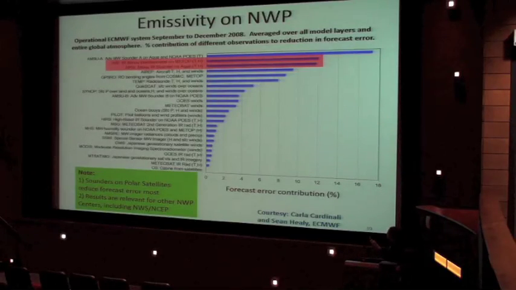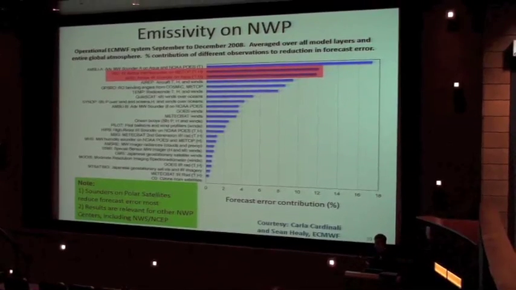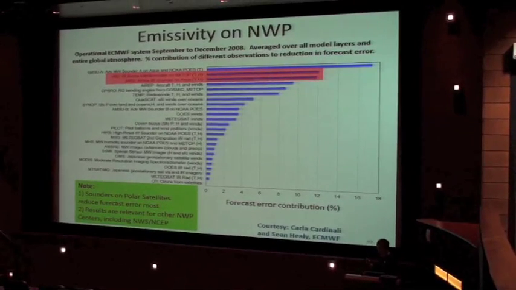So this is a slide I'm sure a lot of you have seen already many times. These bars here are just the forecast error reduction by different instruments. The good news here is the IASI and the AIRS are the two single instruments that contribute to the forecast error reduction the most.